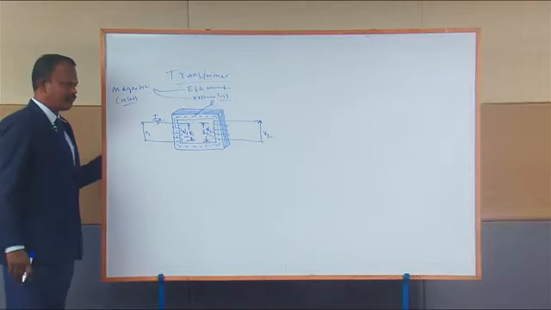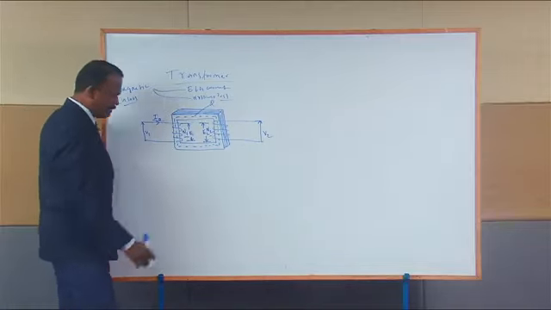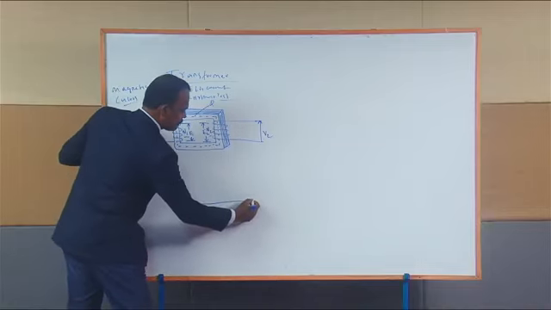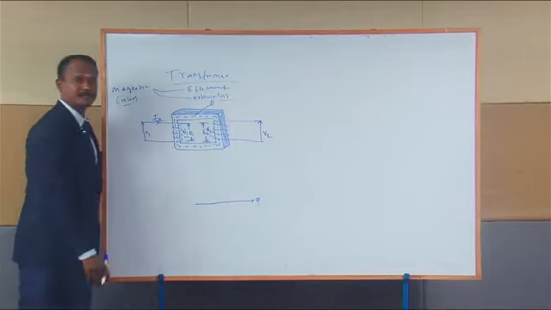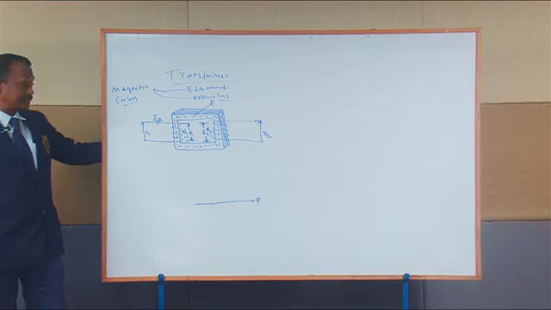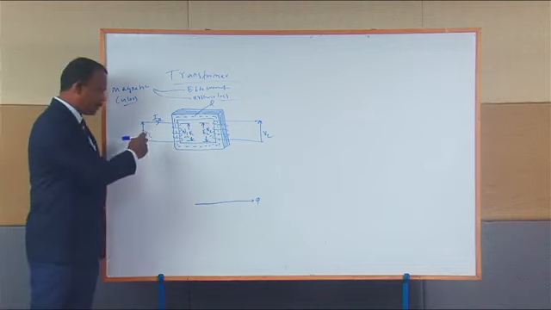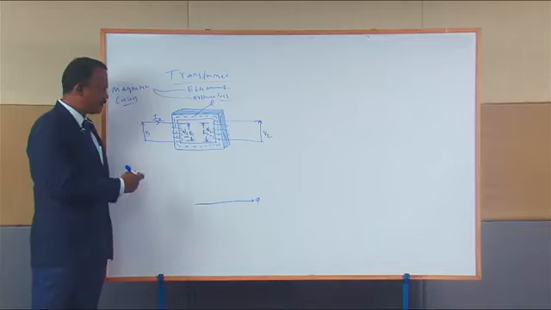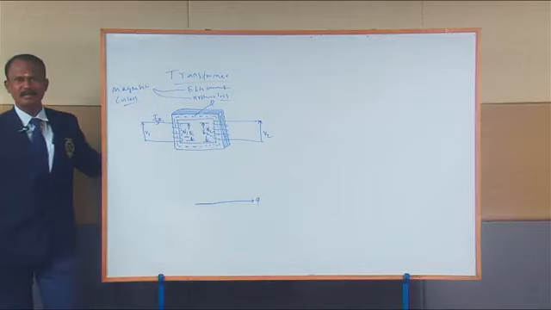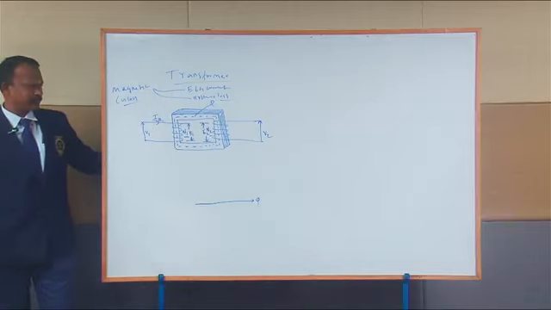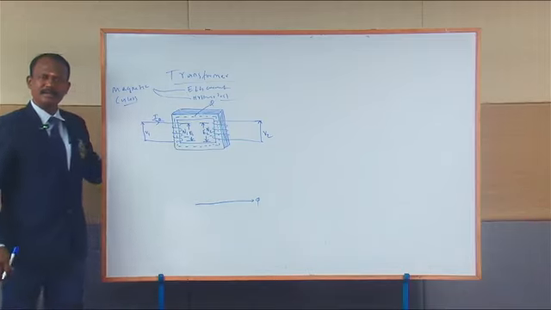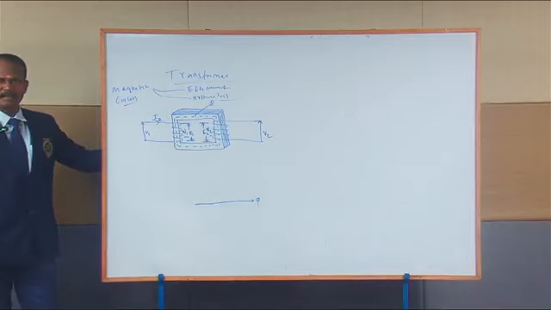Normally I like to start from my flux line, which I call flux line phi. We are applying the voltage V1 to the primary winding. Let us consider this coil to be a pure inductive coil. It means the current is going to be absolutely lagging.